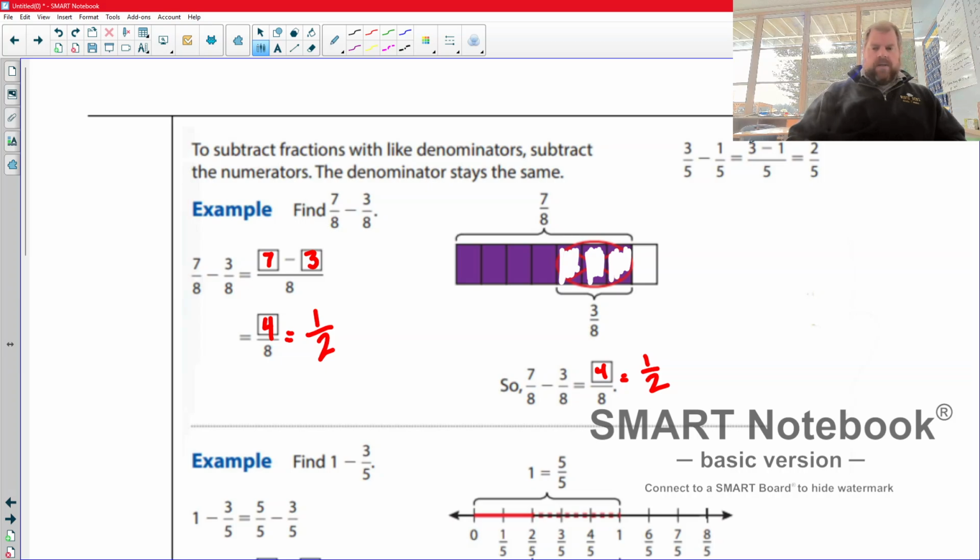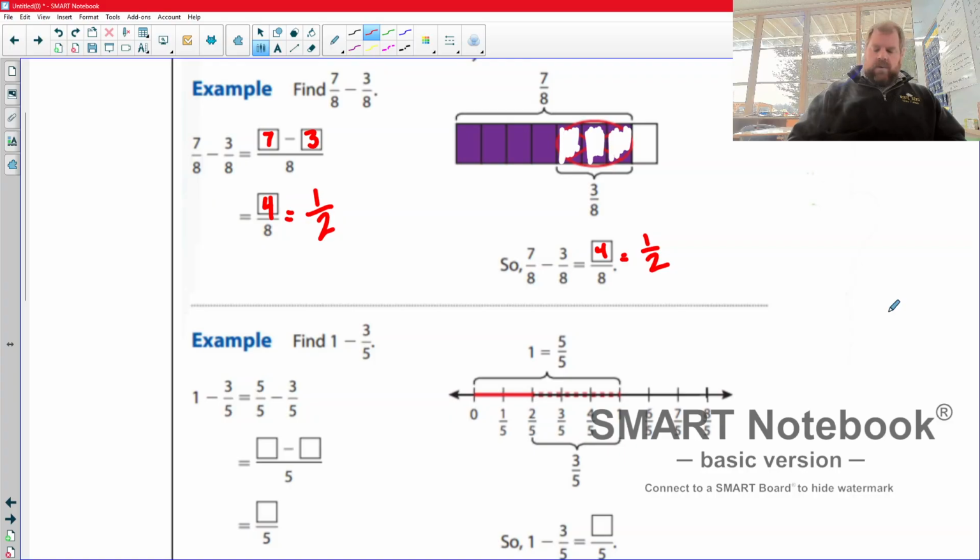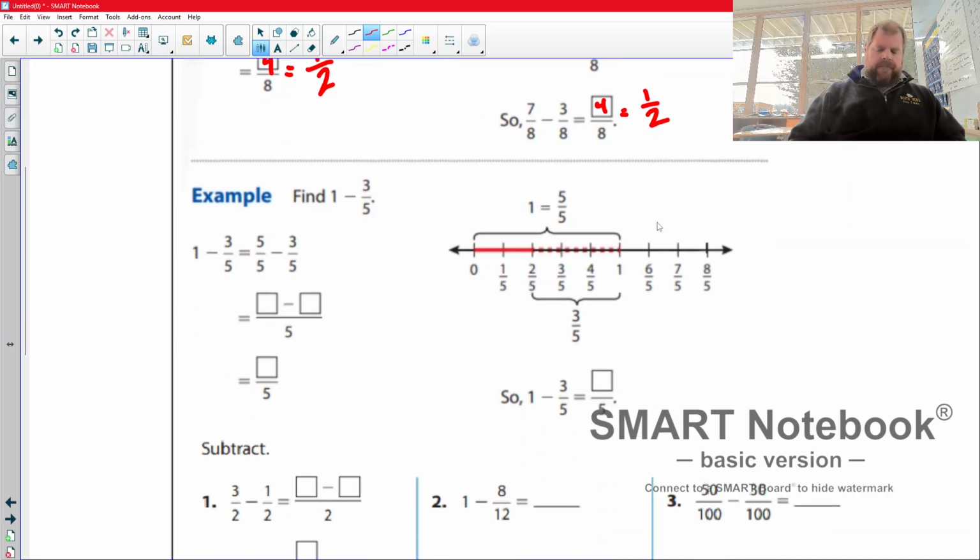Right? So that's another option, a mental process for the problems we're seeing. Either way, it's going to give me 1, 2, 3, 4 out of the 8. So 4 eighths, which is equivalent to 1/2.